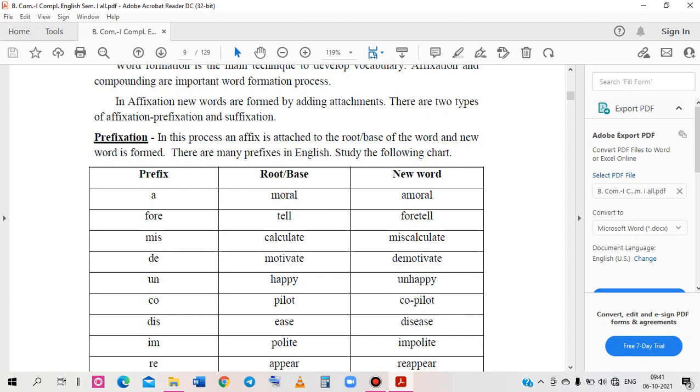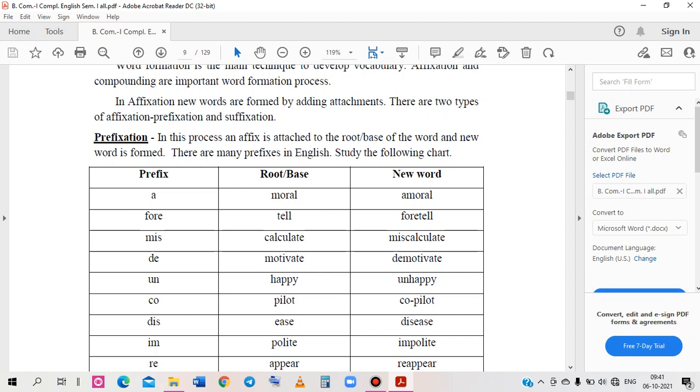Fore, tail. Fore is a prefix. Tail is a root or base word. A new word is foretail. Then mis is a prefix. Calculate is a root word. Now we will have a new word, that is miscalculate.